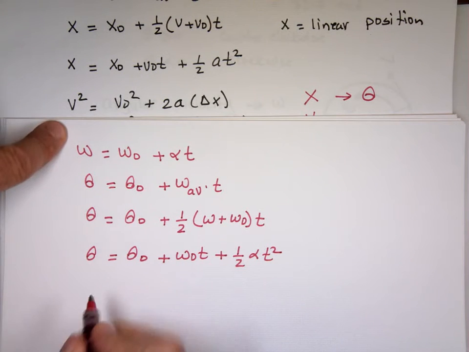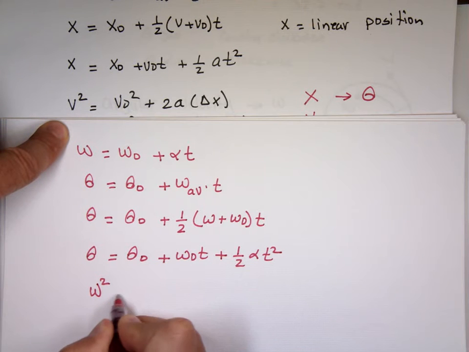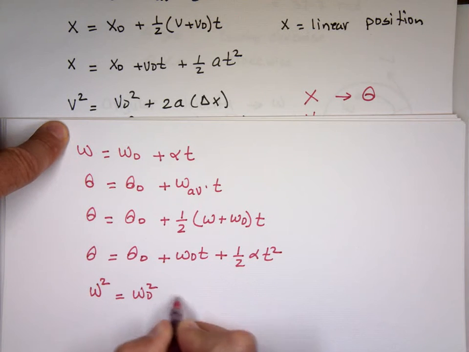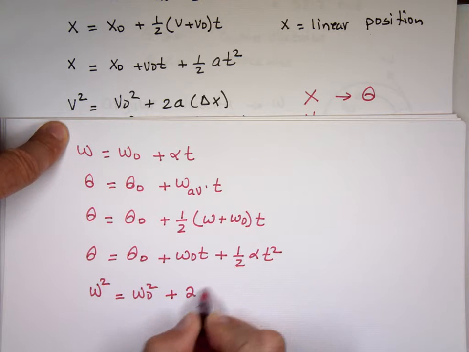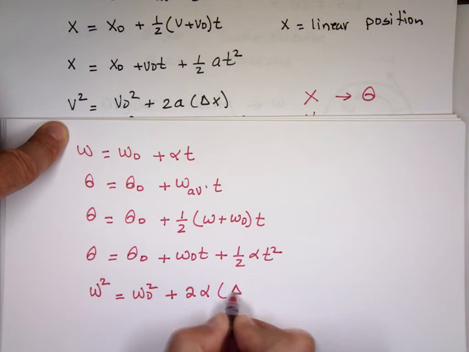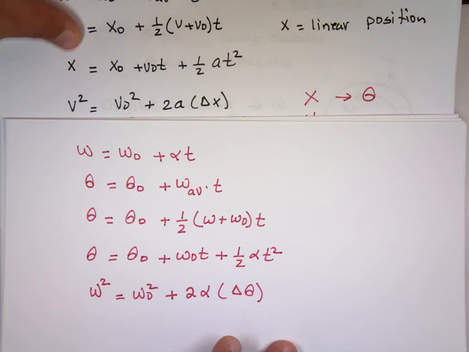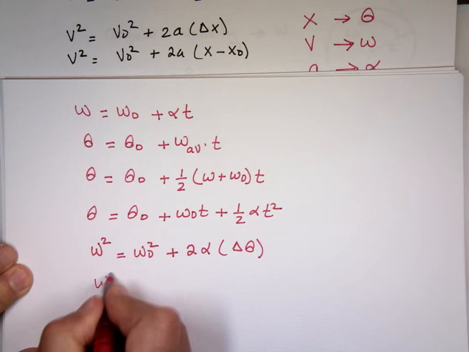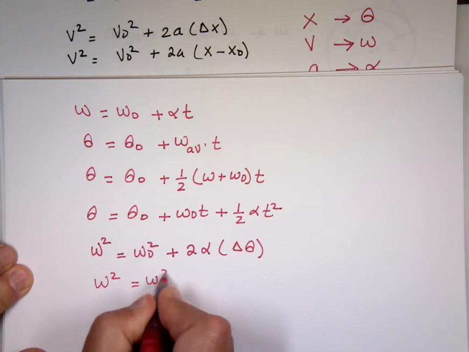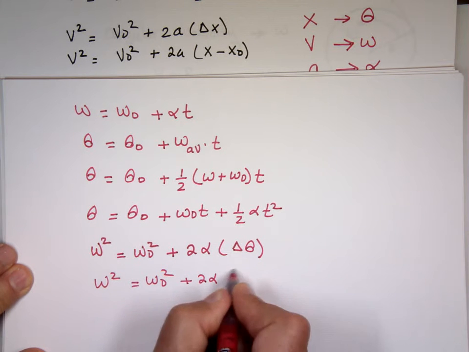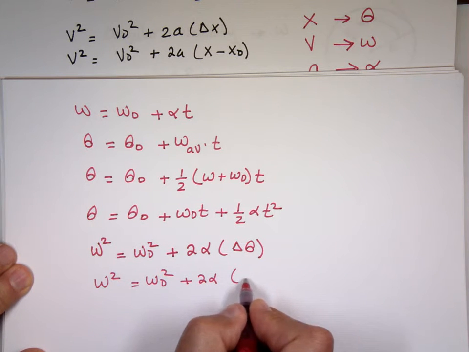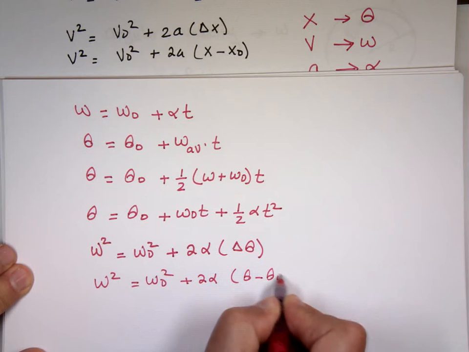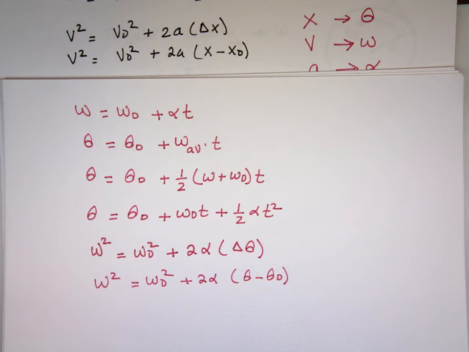This one: w squared equals w0 squared plus 2 alpha times delta theta. And the last one: w squared is the same as the one above it, but instead of delta theta, I'm going to write theta minus theta 0. So these equations are good just like the linear ones. We use these when we have circular motion.